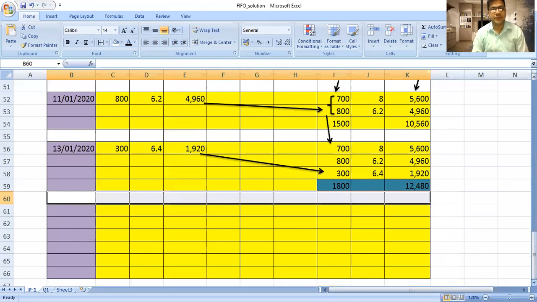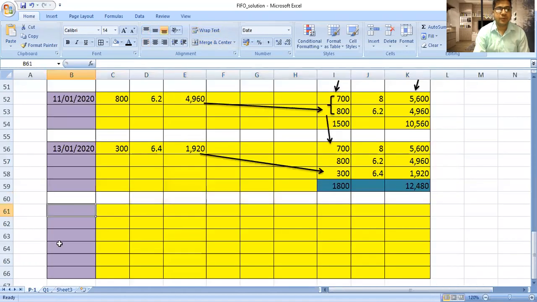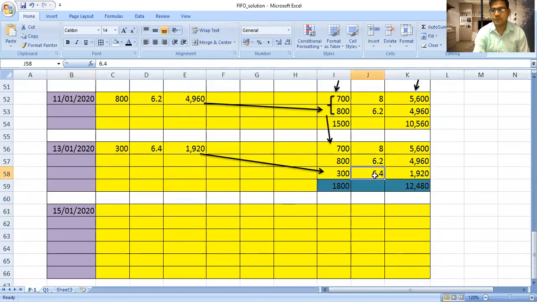After 13 January, the next date is 15 January. They issued 400 units. So we will write here 15 January 2020. How many units issued? 400 units. Now we have three rates: 6.40, 6.20, and 8. Now, which units were purchased first? The 8 rupees per unit rate units were purchased first.